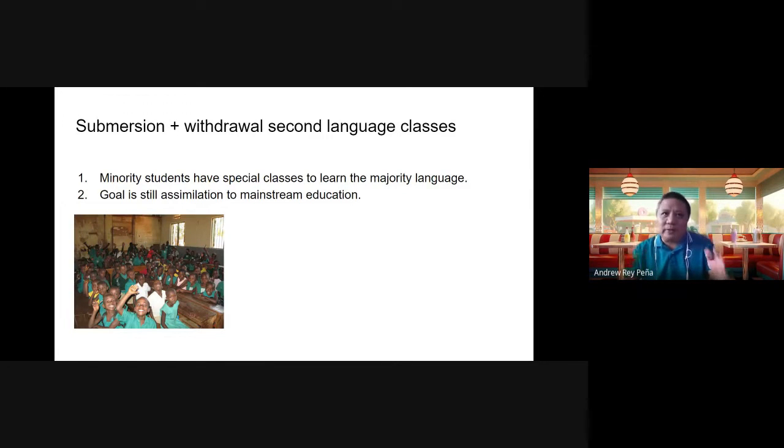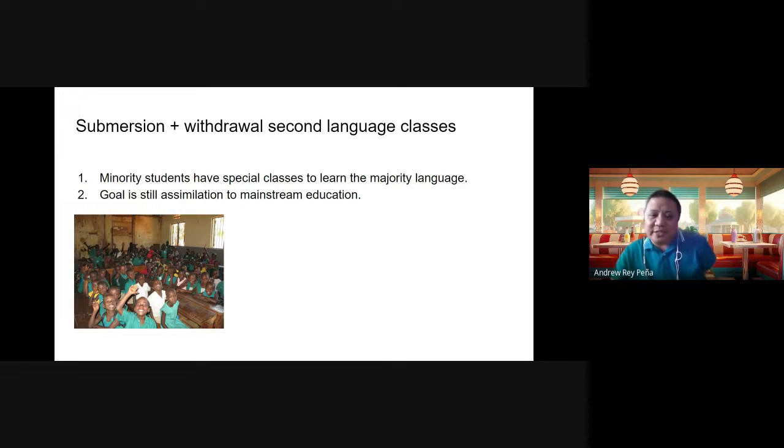So, for example, you have a bunch of Agta and you force them to attend the Tagalog school, a school where the majority are Tagalog. Well, submersion plus withdrawal second language classes means you give them a separate class where you try to teach them Tagalog or Filipino. Okay, so they are pulled out for second language instruction.